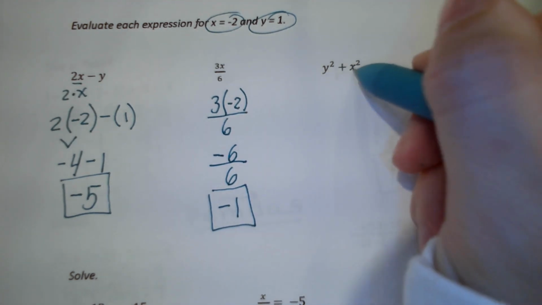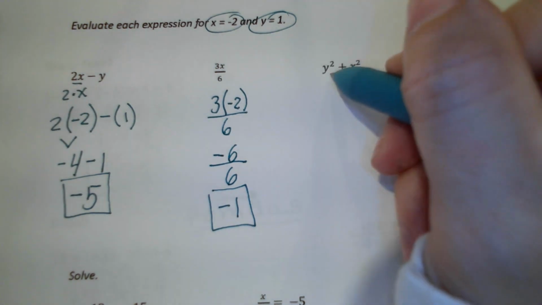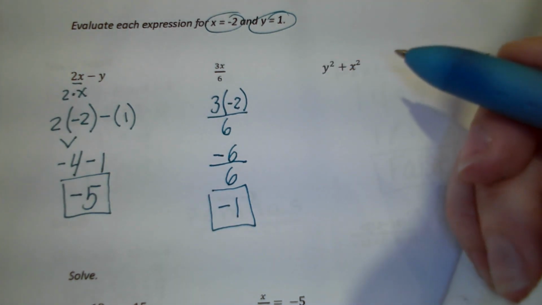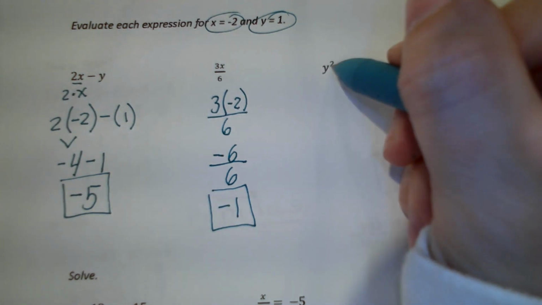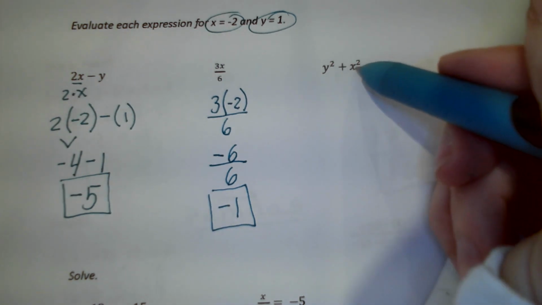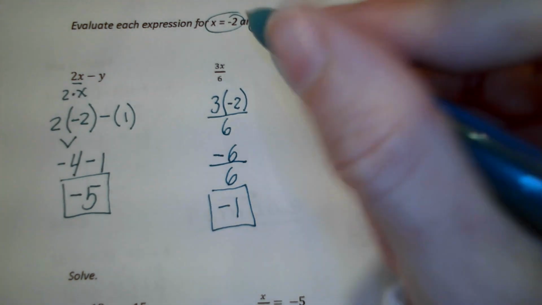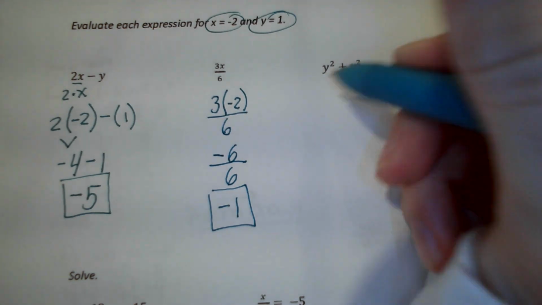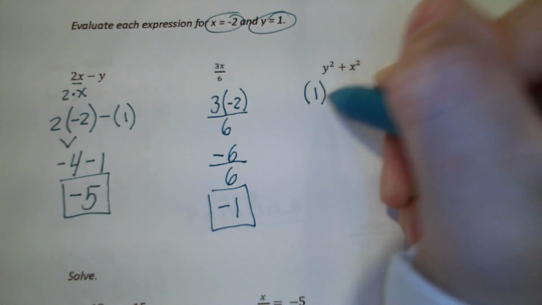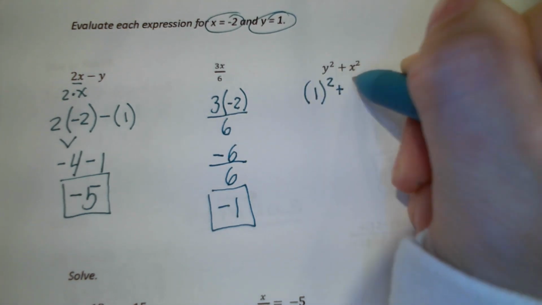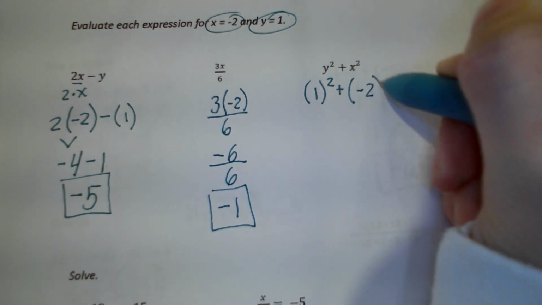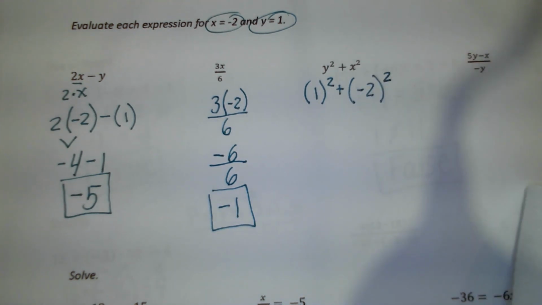Next up, we have y squared plus x squared. Now, this is where the parentheses are super important because you're not just squaring part of y or part of x, you're squaring the whole value. So I'm going to write this as 1 squared plus negative 2 squared.